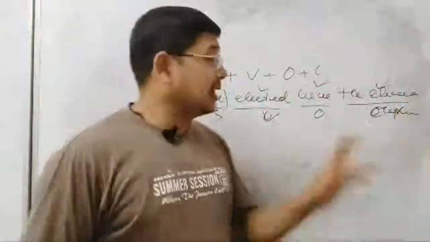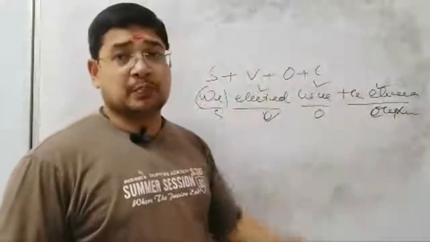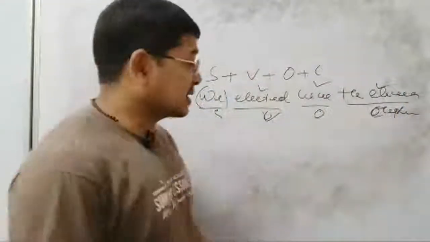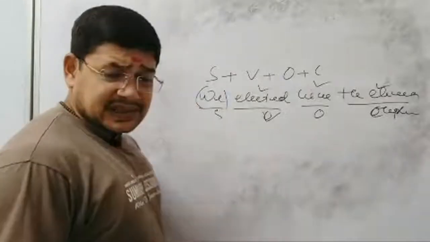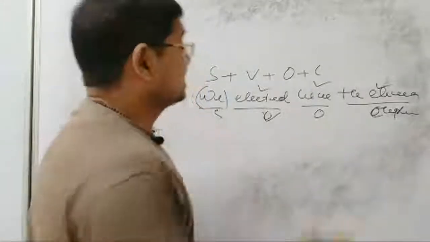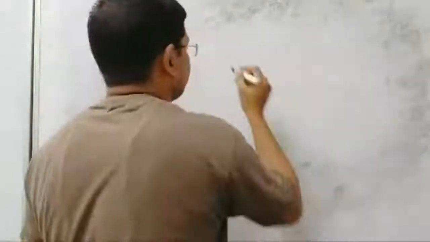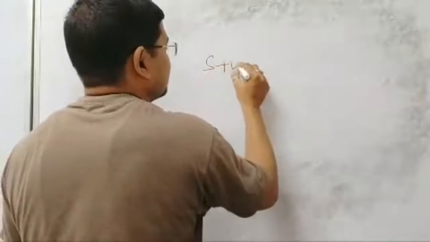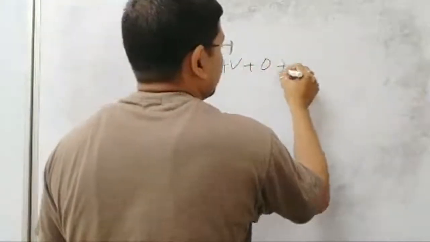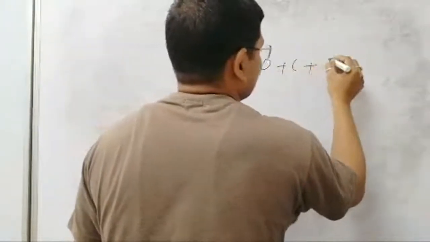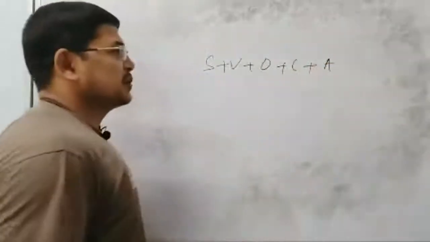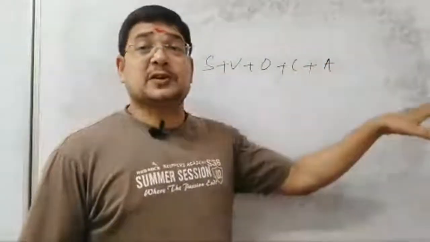The last structure is number 7: SVOCA. S plus V plus O plus C plus A. Subject plus verb plus object plus complement plus adjunct.